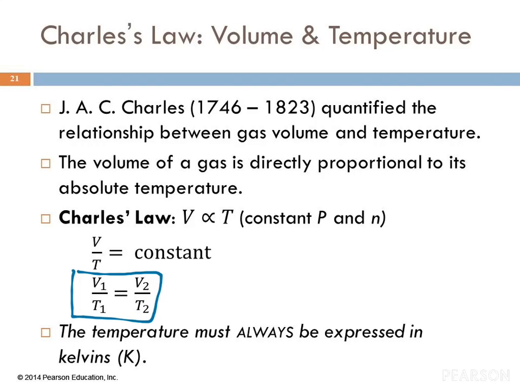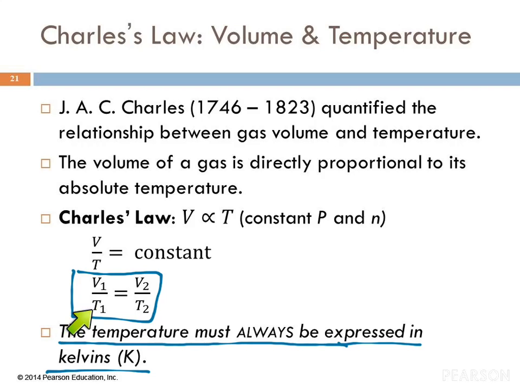This is super important. It has to be in kelvins. It will not work in degrees Celsius. Okay, and then the conversion between Celsius and Kelvin is adding. It's not multiplying or dividing, and so it's not going to cancel out.